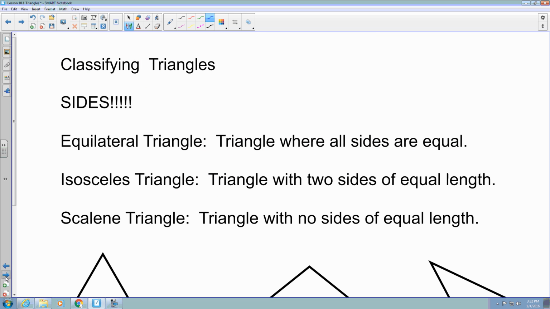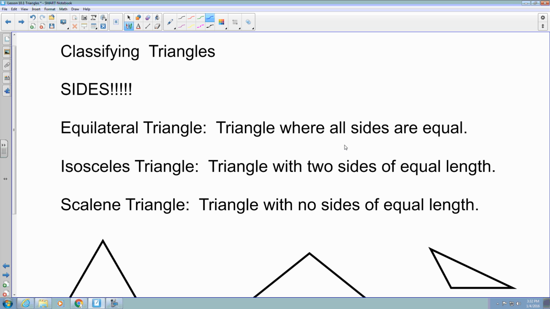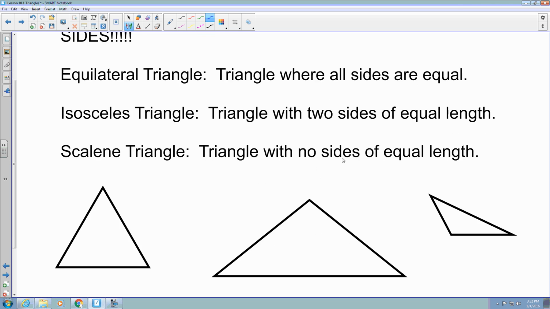And if you look over here, these are some classifications of triangles represented by their sides. An equilateral triangle means that the triangle's sides are all equal. If you look at this one here, all of these sides would be equal.